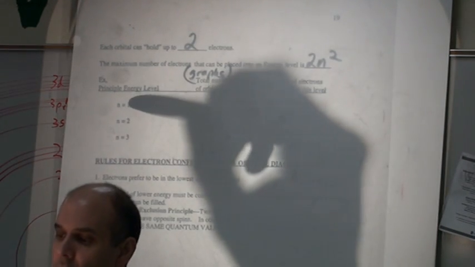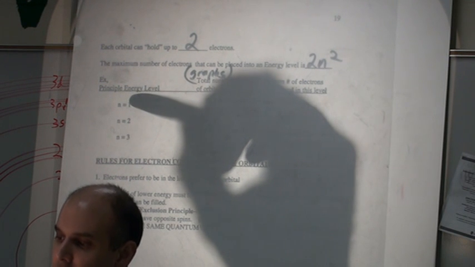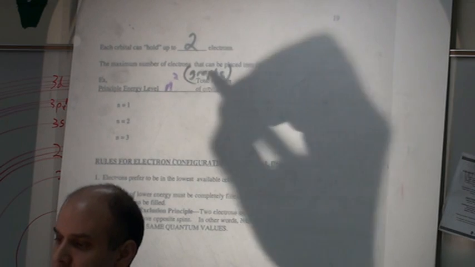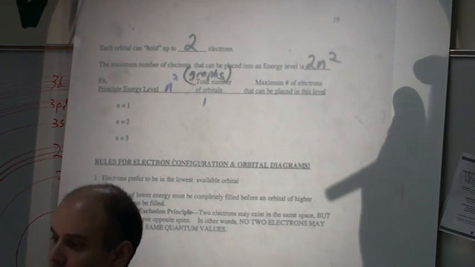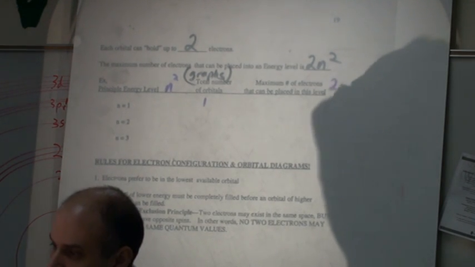So in the principal energy level, n is equal to 1, total number of orbitals are n squared. So that would be 1. How many electrons? That's 2n squared. So that would be 2.